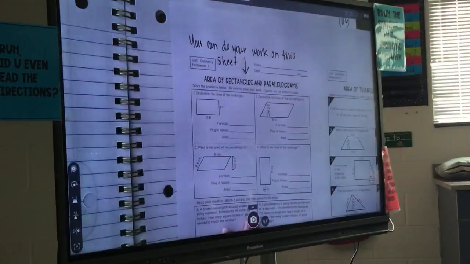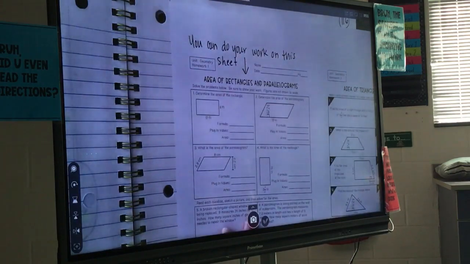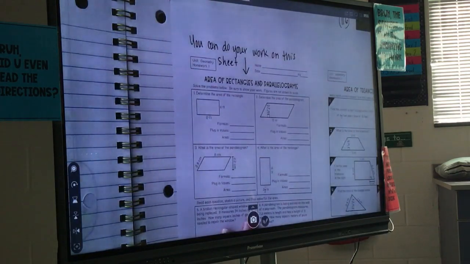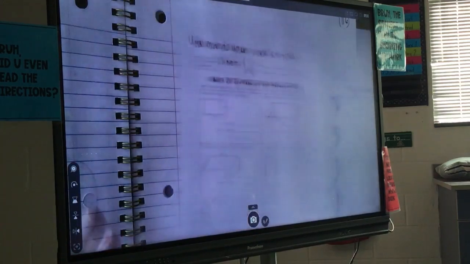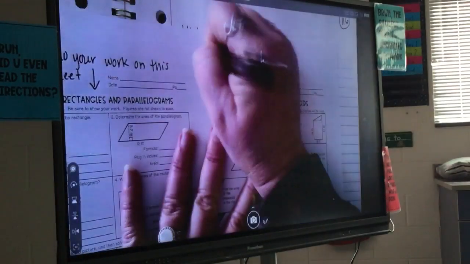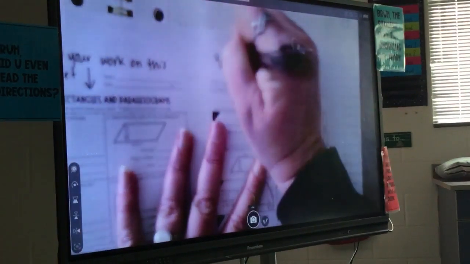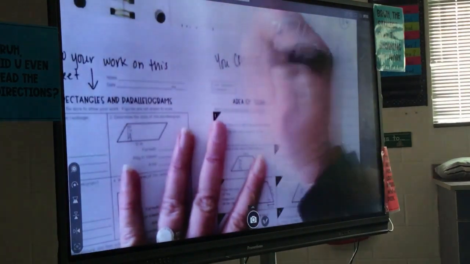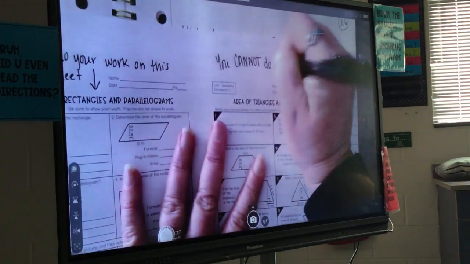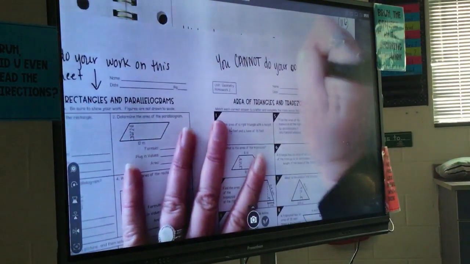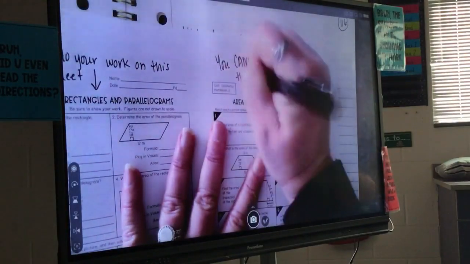Thumbs up when you're ready to move on. On the right side, you cannot do your work on this sheet.